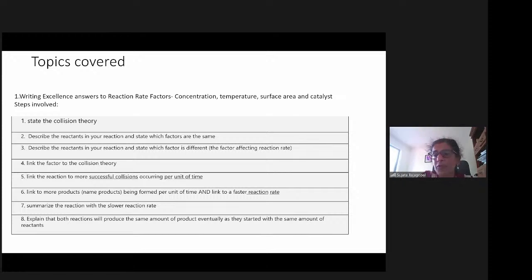The mass of the products will not change. Only the factor has been changed to speed up the reaction. So be very careful while answering. Remember, nothing changes except the rate of reaction, not the amount or anything else.